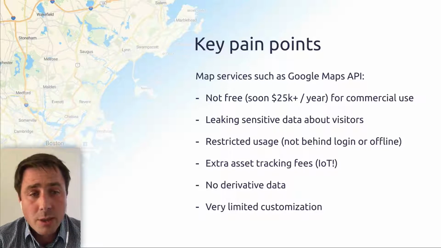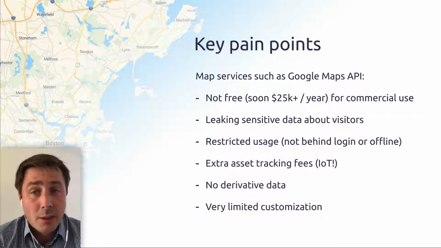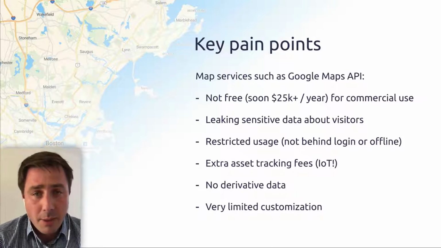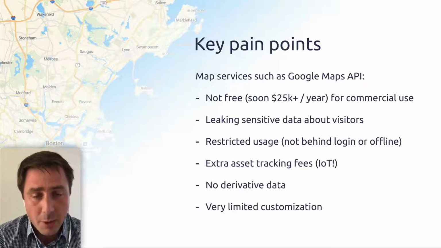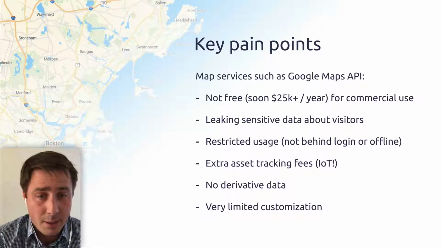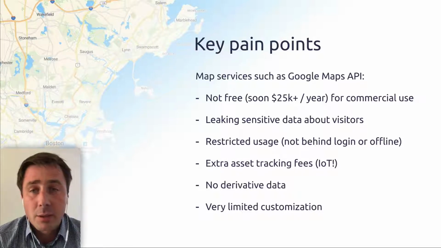You are also restricted on offline use, and very often the map providers charge extra fees for asset tracking, which is important for Internet of Things. So basically, whenever you display the location of a car on a map and you show the fleet of moving objects on the map, you have to pay extra as a business. You also can't create derivative data legally, and you have very limited customization.